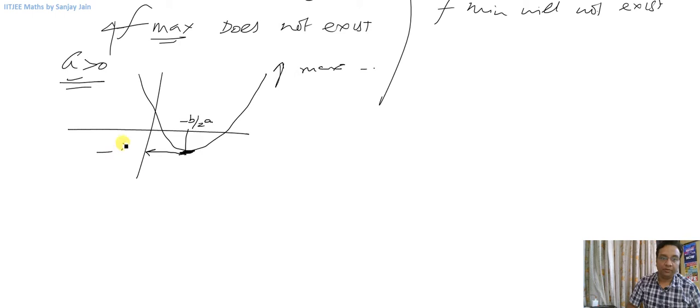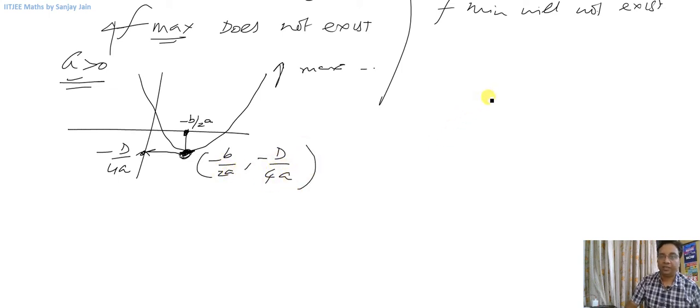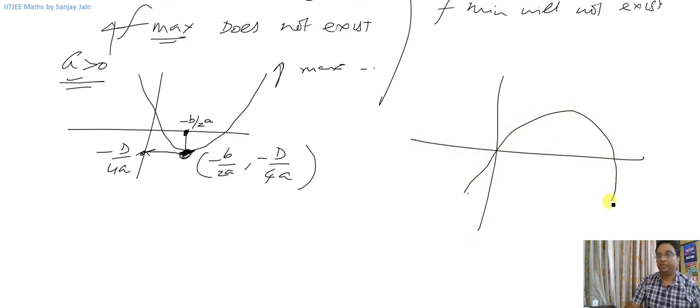It will be minus d by 4a, that is reflected on this y-axis. So what will be the coordinates of this point? It will be minus b by 2a comma minus d by 4a.